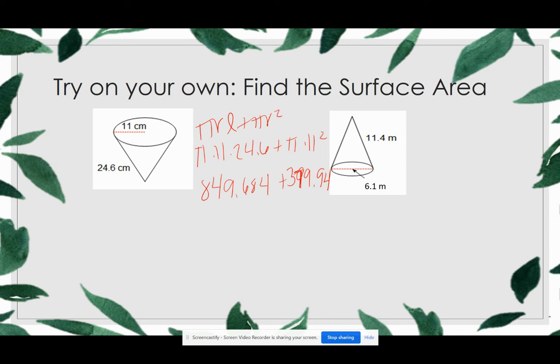And I get my surface area as approximately 1229.6 centimeters squared.